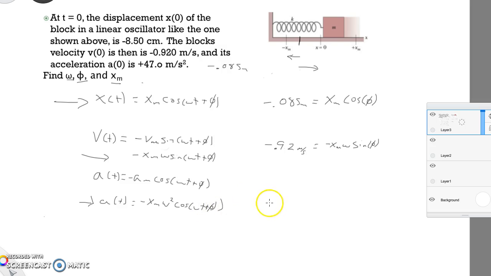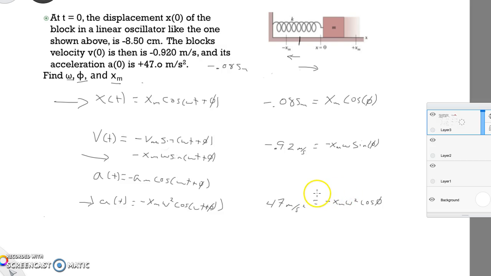And then finally, acceleration, 47 meters per second squared equals negative x sub m omega squared times cosine of phi.